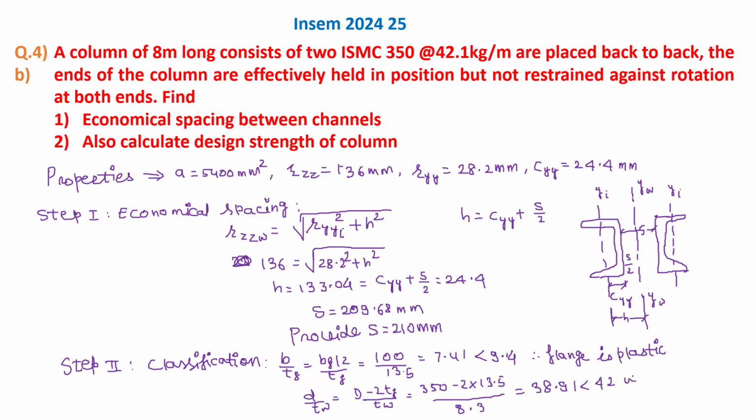Now here the web is semi-compact, because for all we have the same value, we have to go for the lesser class, and therefore section is semi-compact.